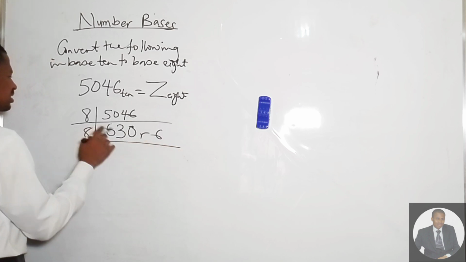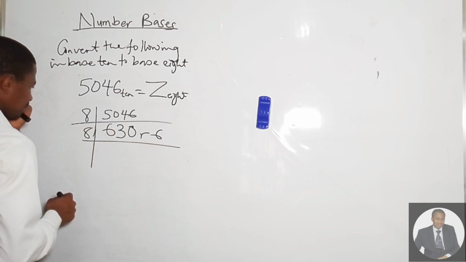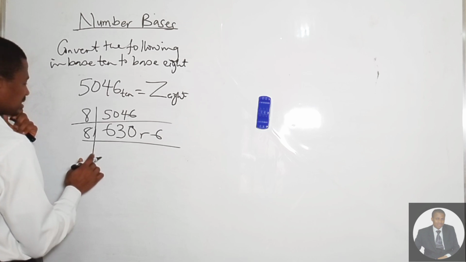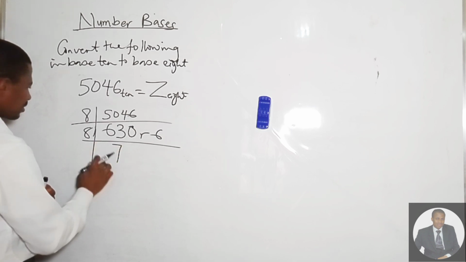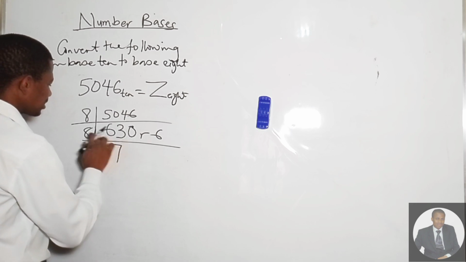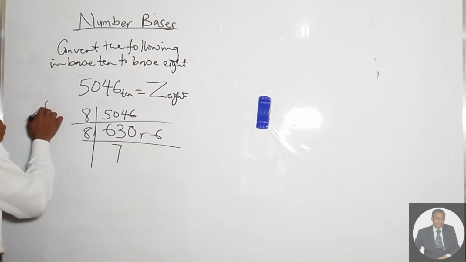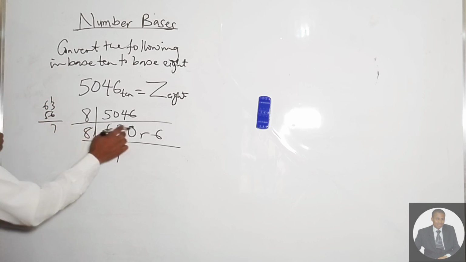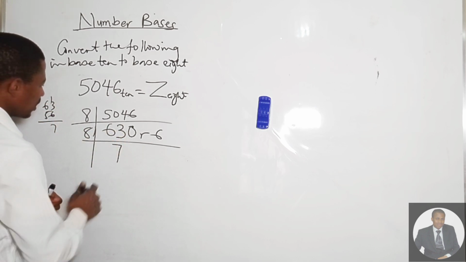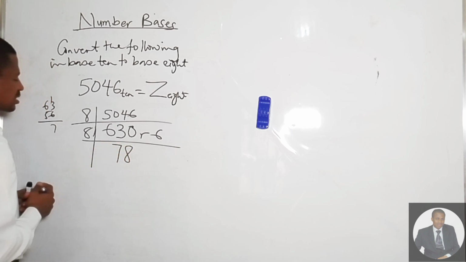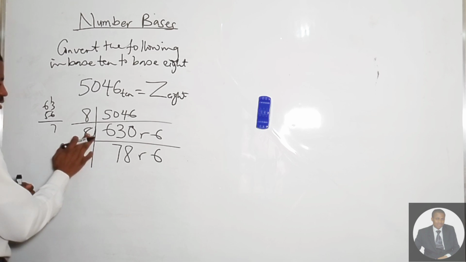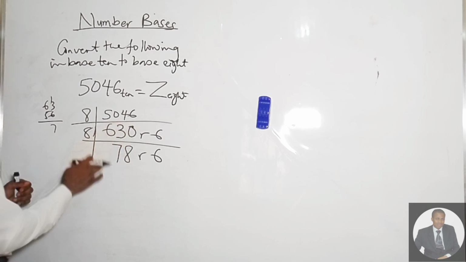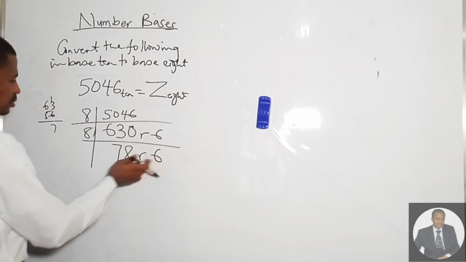How many 8s are in 63? 8 times 8 is 64, so we write 7, that's 56, remainder 7. In 70, we have 8 times 8, 64, so remainder 6.